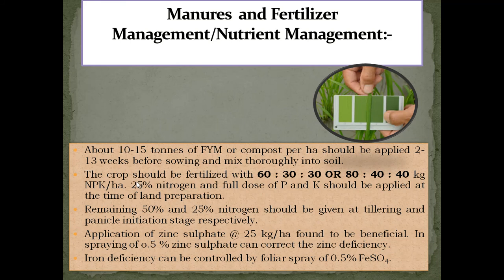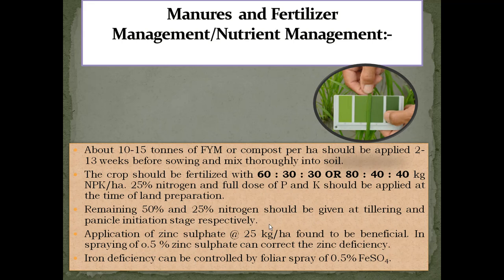Out of 80 or out of 60 kg N, nitrogen should be applied in split doses, that is 50% of the nitrogen at the time of sowing, and the remaining half dose of nitrogen at the time of tillering, the responsive stage of the crop. The full dose of P and K should be applied at the time of sowing. The remaining 50%, or 25% nitrogen each, should be applied at tillering and the panicle initiation stage respectively.